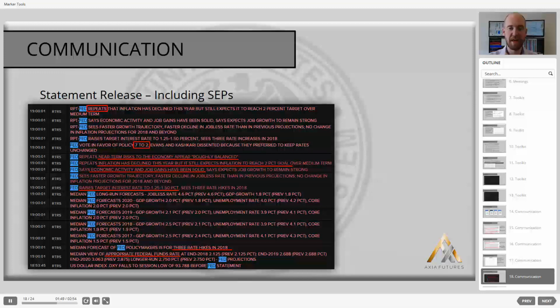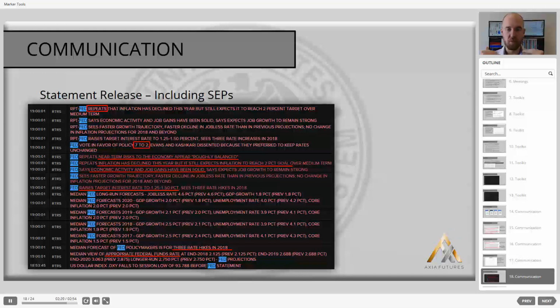After that, then comes the references to the language, their discussion of inflation, the outlook, and occasionally you will also get the vote breakdown. So in this case, vote in favour of policy was 7-2. Note, only 9 members voted here. That's because the Fed hadn't got a full board at the time. As I said before, it can still operate without that full board. So that's how you get it when you get the staff economic projection.